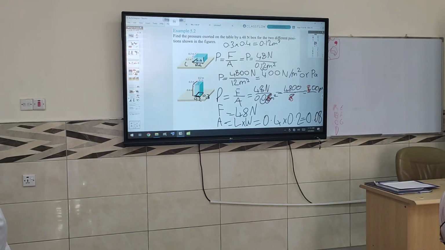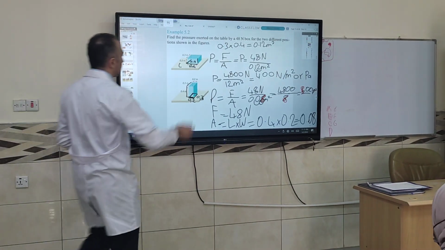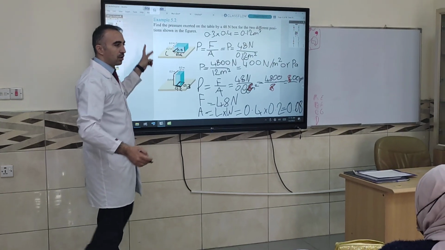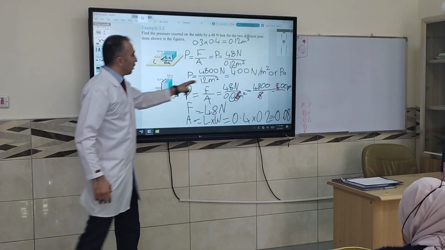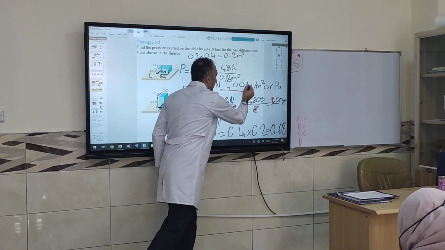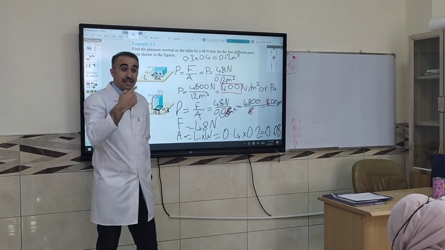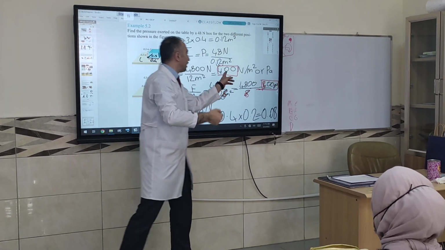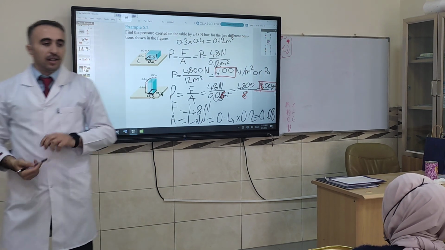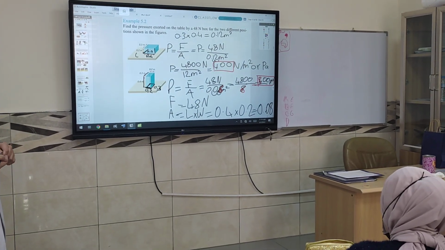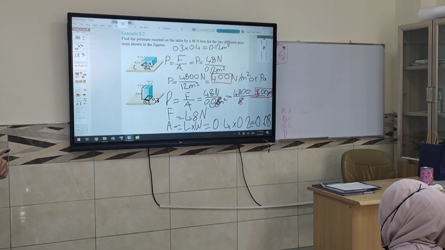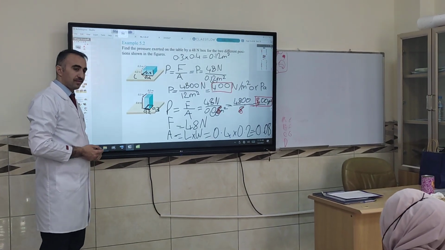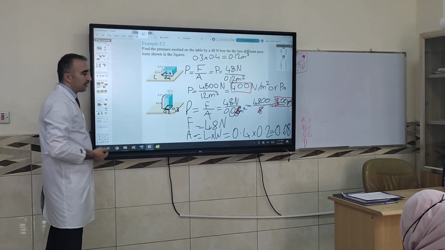Now, can we compare the pressure in both positions? Look, first time it was 400 Pascal, second time 800 Pascal. How did it change? Yes, Emma? Because the smaller the area, the larger the pressure. And in the second photo, the area is smaller, which makes the pressure larger.